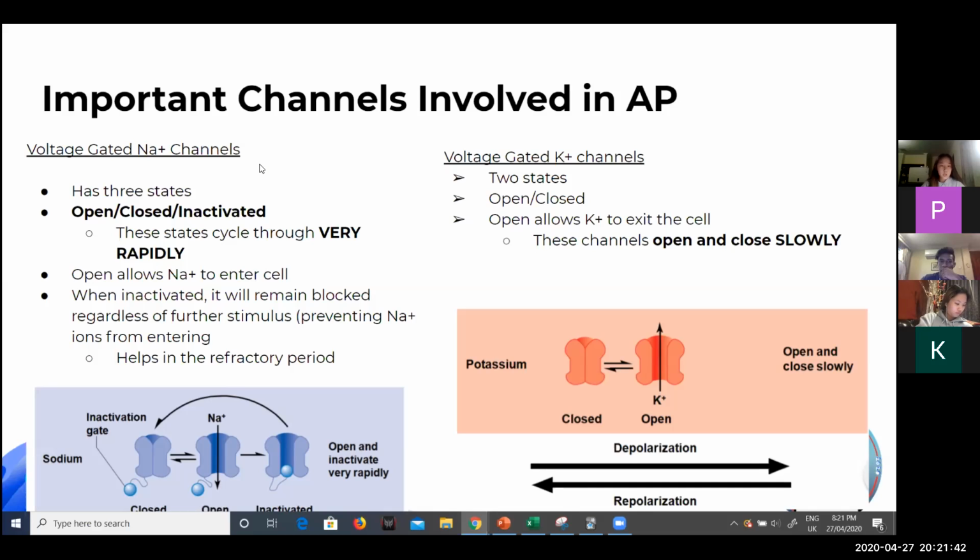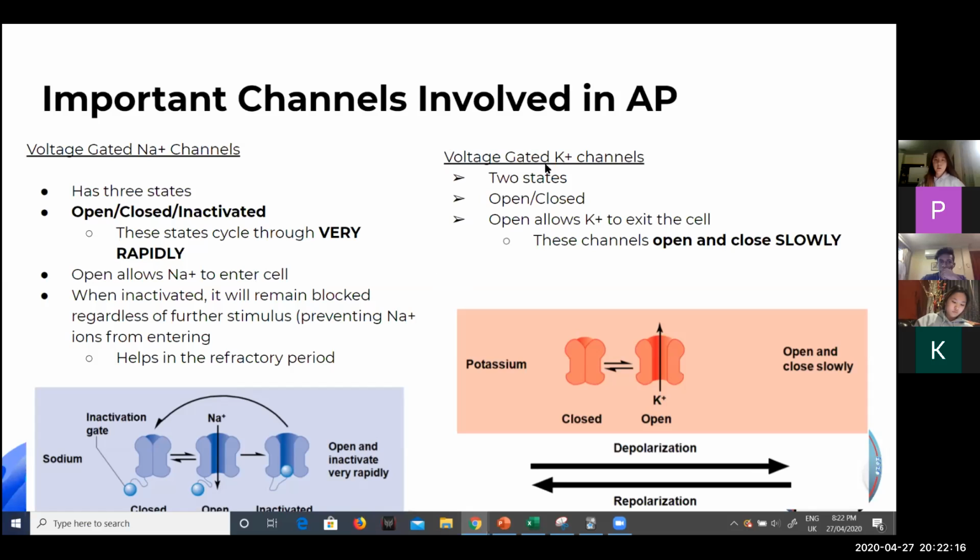It's important to know that our sodium voltage-gated channels cycle through these 3 states quite rapidly. When it opens, it will allow sodium to enter the cell. When it's inactivated, it'll remain blocked, and regardless of any further stimulation, you're not going to reopen the channel. This essentially prevents any more sodium ions from entering. This will be important in what's called the refractory period, which we'll talk about later.